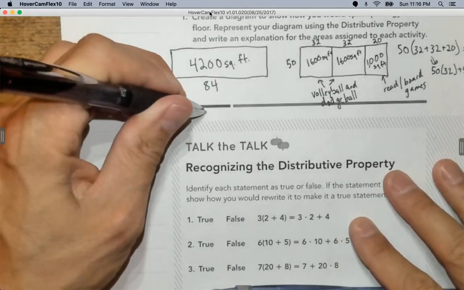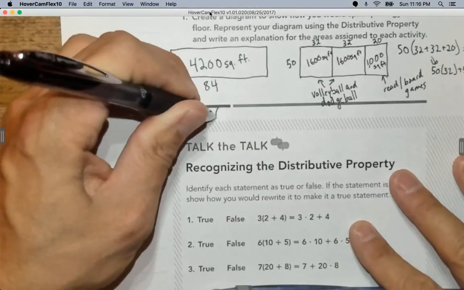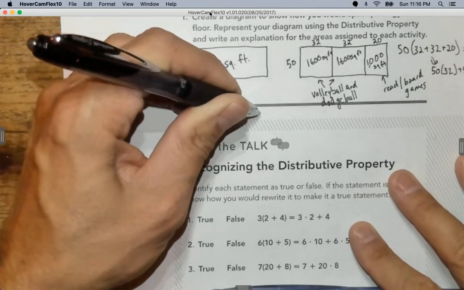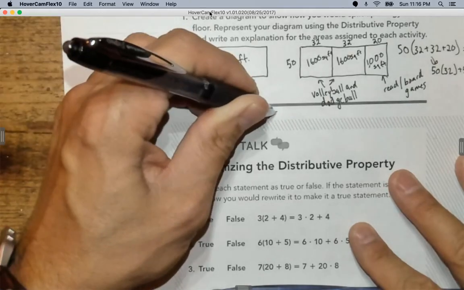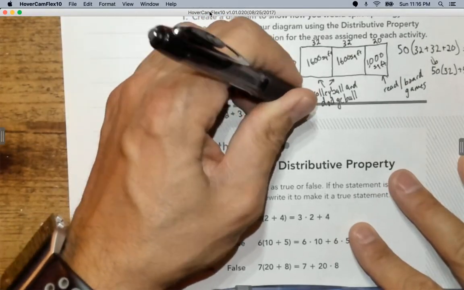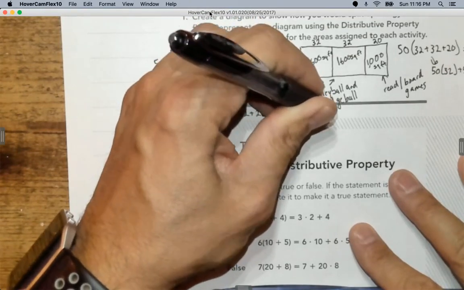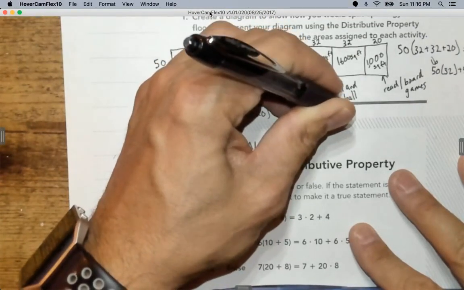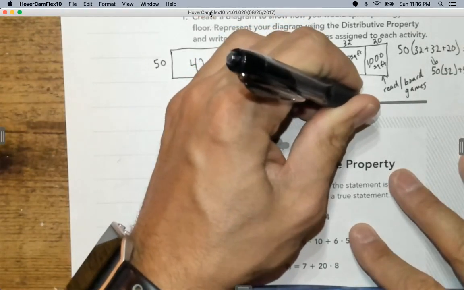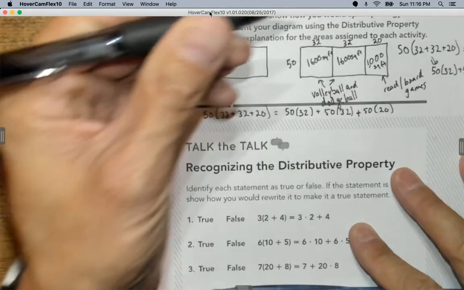So I could take 50 times the quantity of 32 plus 32 plus 20, and that could be equal to 50 times 32 plus 50 times 32 for the dodgeball plus 50 times 20 for the board games.